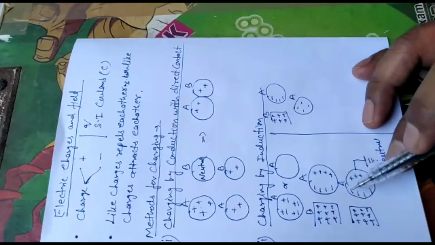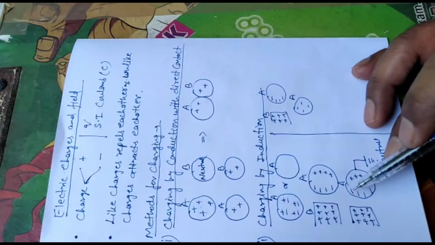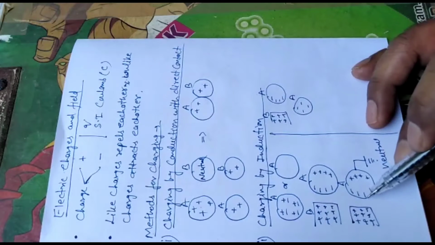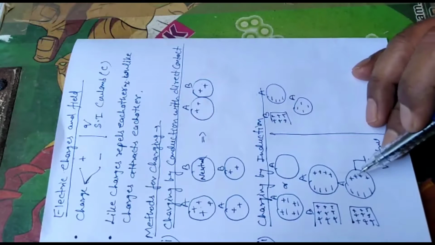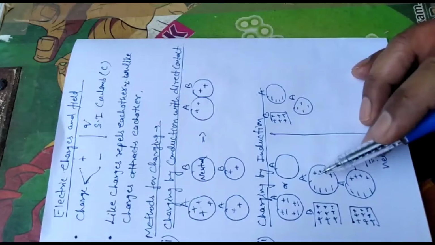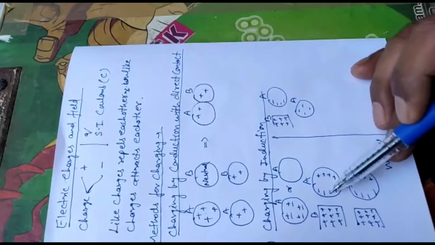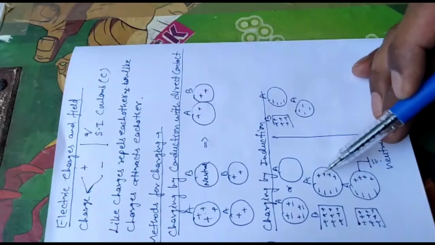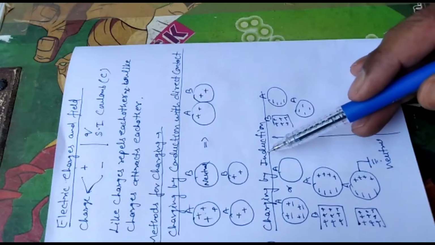In this way, we can see here that negative charge appears on the nearer face of body A and positive charge appears on the farther face of body A. This temporary electrification on the nearer and farther faces is known as electrostatic induction.